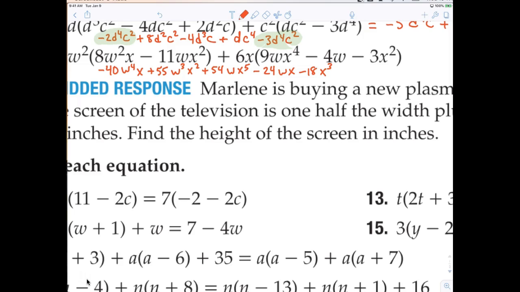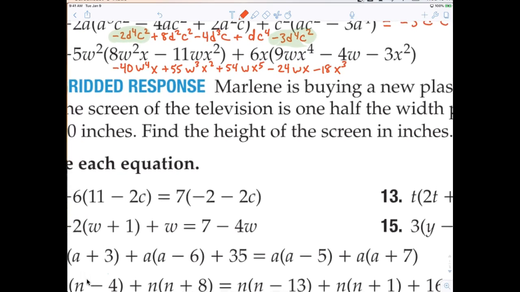I have a question though. When you combine the 6x with that 4wx, wouldn't it be negative 24wx? Are you trying to tell me 6 times 4 is 24? Is there anything I can combine now?